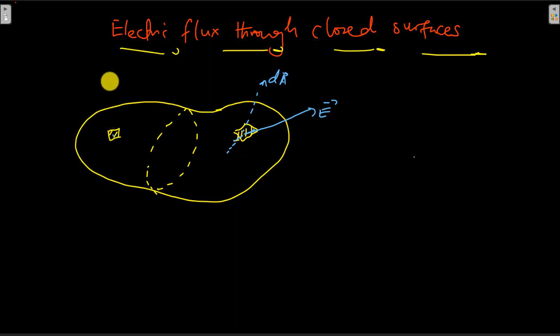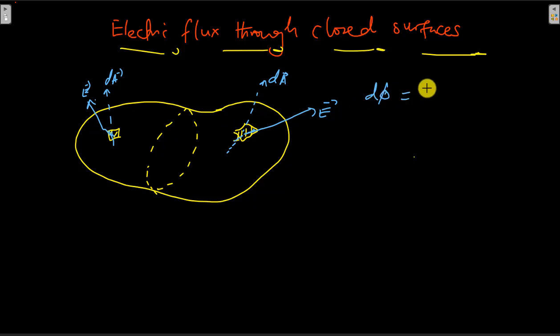So we have the normal. Suppose the normal is this. Then we have the electric field.